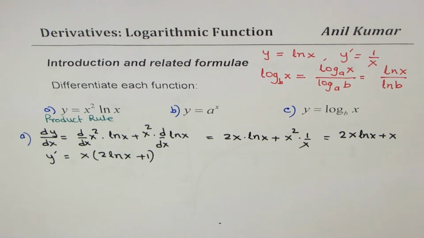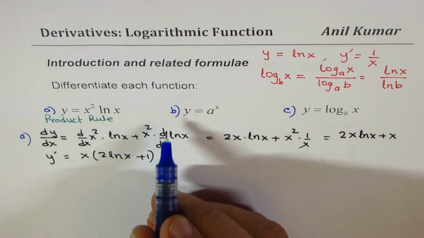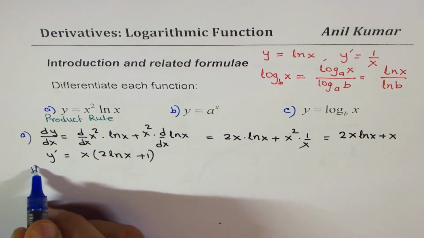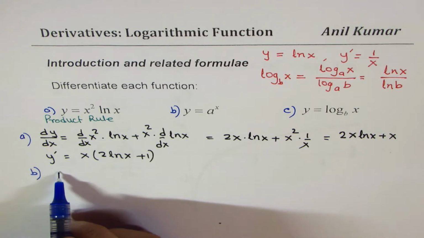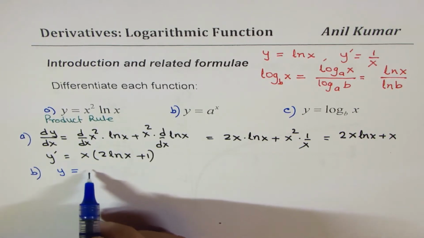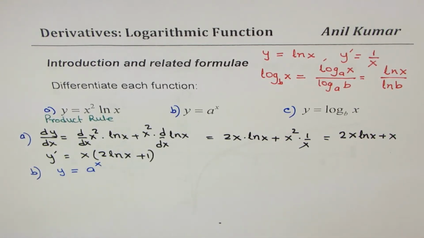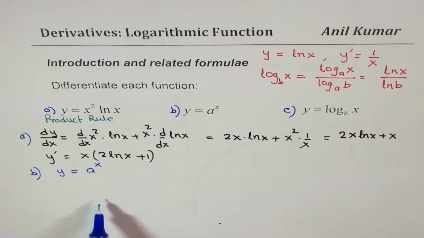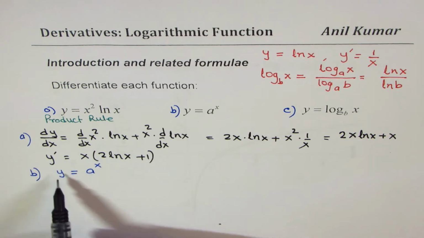Now let us see how to find derivative of a to the power of x. Now let's do b, which is we need to find derivative of y equals a to the power of x. For such functions, we'll derive a formula here, and in following videos, we'll use that particular formula. The idea here is to take natural log on both the sides.